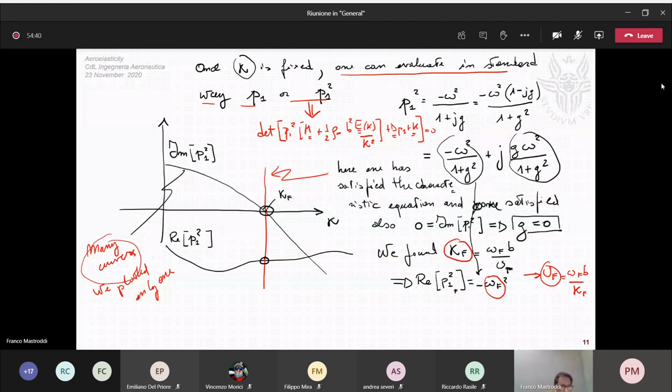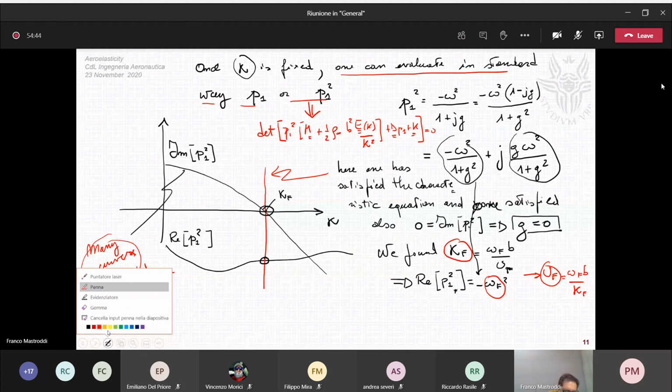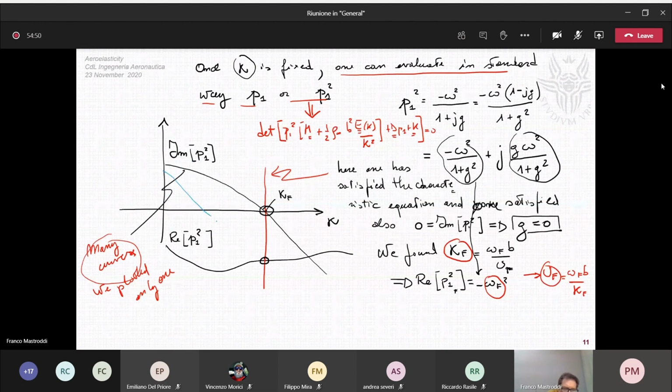Of course, you have many of these curves, another one with the related imaginary curve. So you can evaluate all these curves and find the lowest value of flutter velocity.